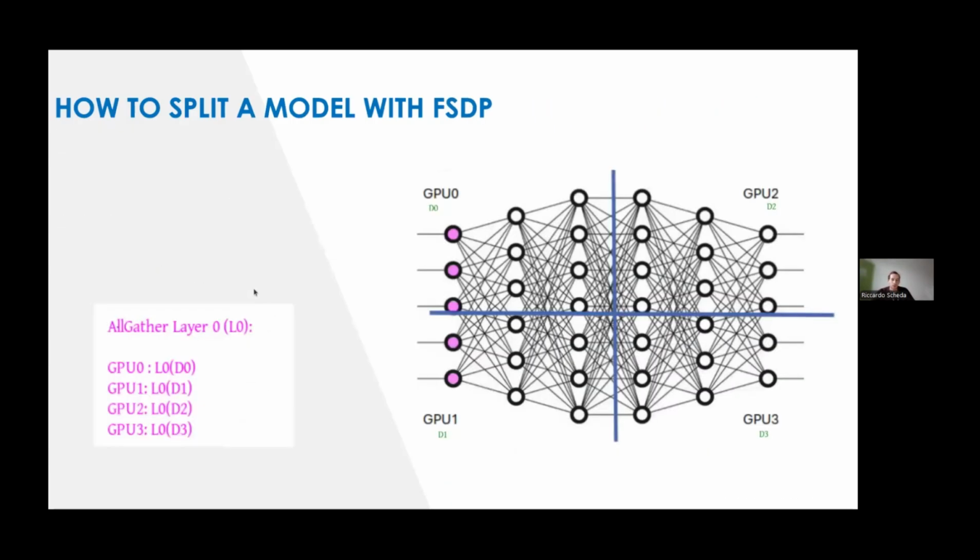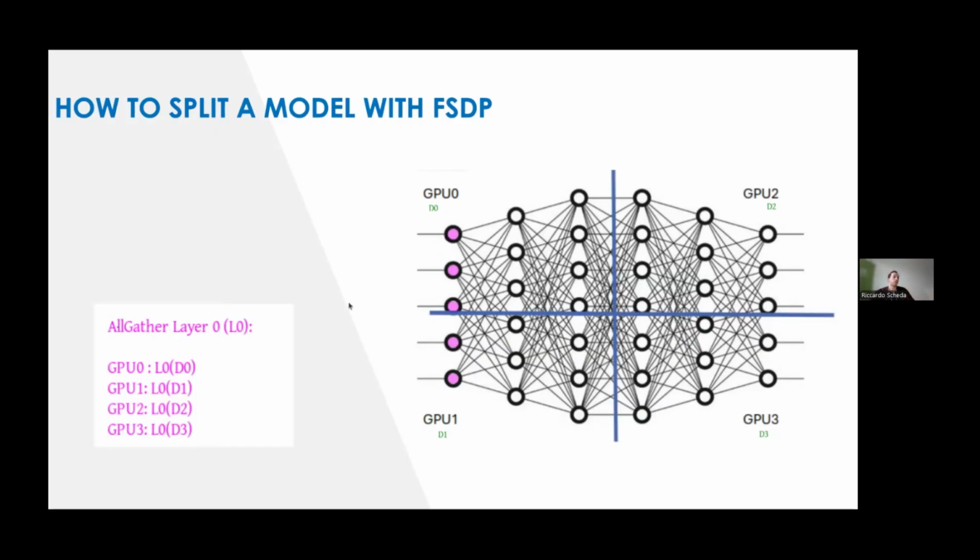And how does the training work in this setting? Firstly, we have the forward pass, in which the data will be used as input for the first layer, but you have to consider that the first layer, in this sense, is only in the first two GPUs, and in the other GPUs there is no first layer.